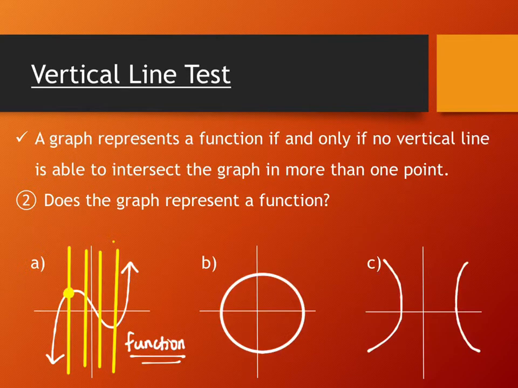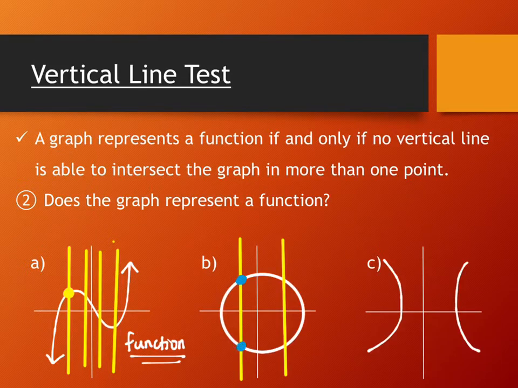It's different if I try to drop them into example B. So no matter where I drop these in example B, many places anyway, I cross the graph twice. So again, why is that failing to be a function? Well, because at this particular x value, let's use blue, I have 2 y values.